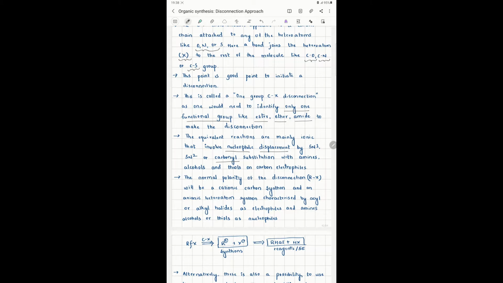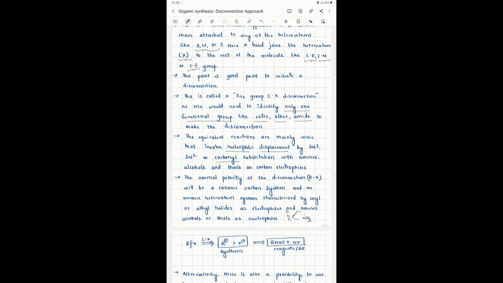Now this can be one example where we can understand C-X disconnection. For example, if there is a carbonyl group like this, and an NH2 lone pair of electrons attacks, we will be able to form a C single bond N bond, where a disconnection can take place.